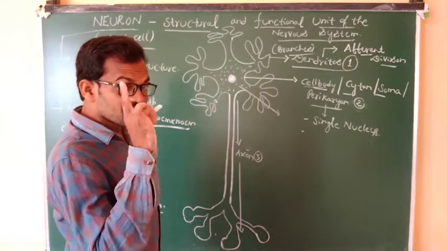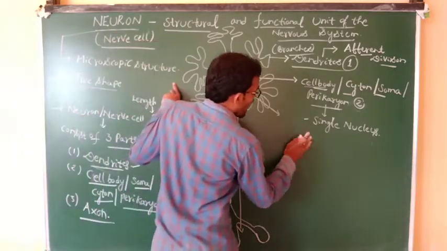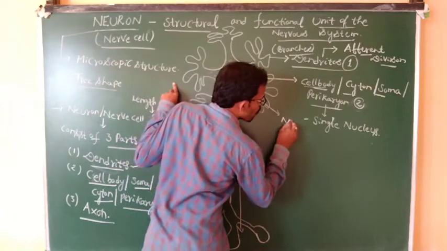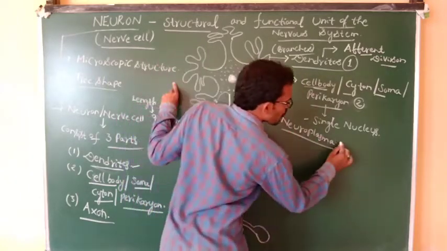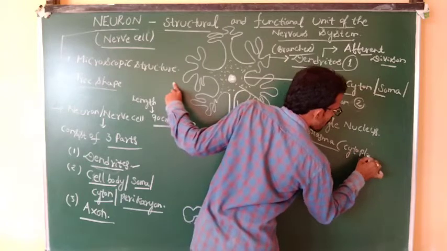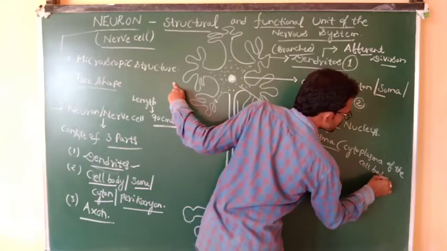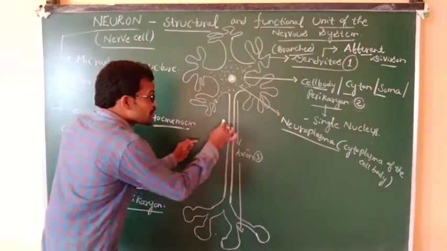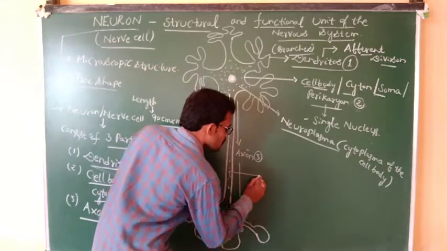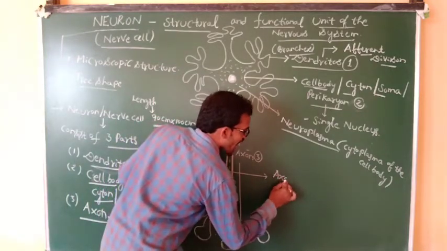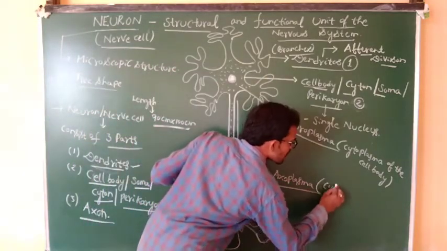Inside the nerve cell body, this cytoplasm is known as neuroplasm. The neuroplasm means the cytoplasm of the cell body. The cytoplasm of the axon is known as axoplasm. It is the cytoplasm of the axon.